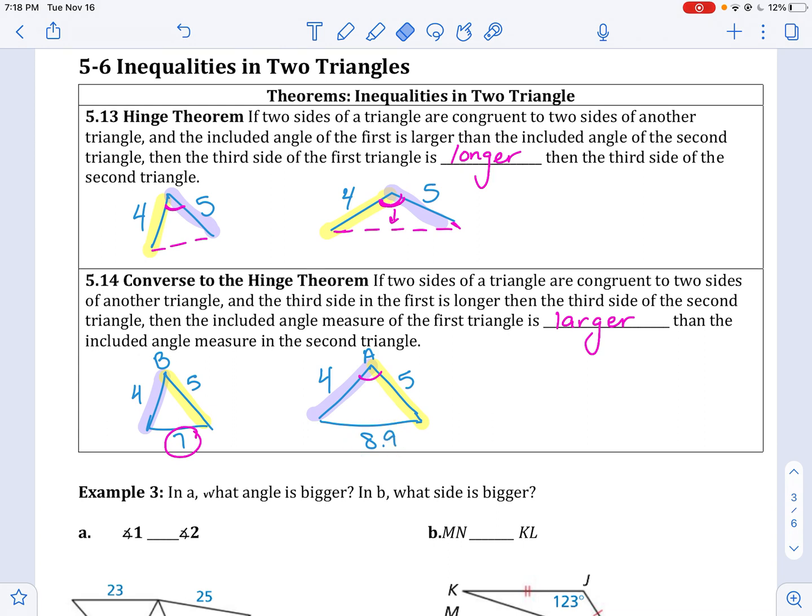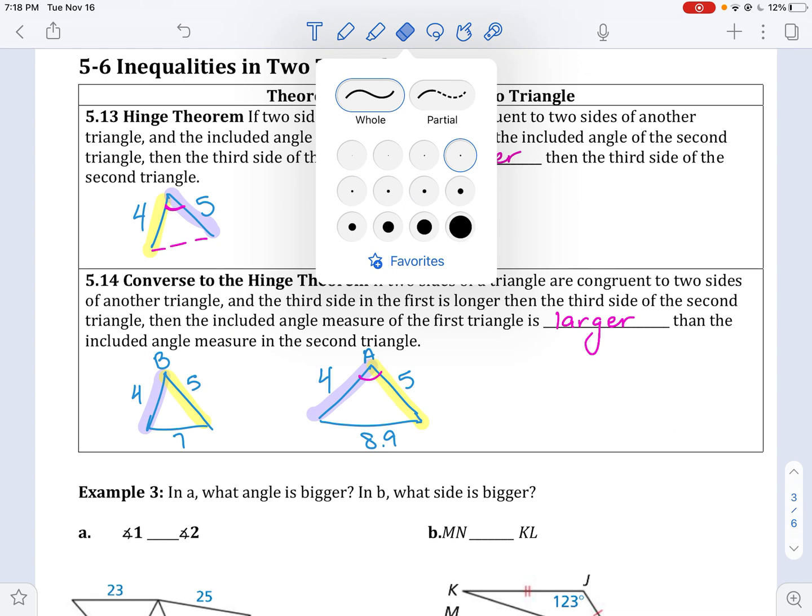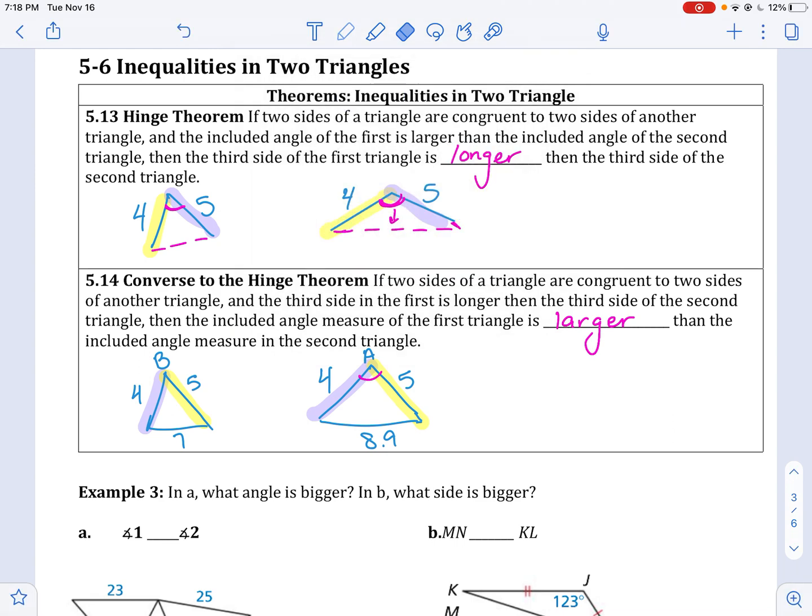So a large angle is across from a long third side. A smaller angle is across from a shorter third side.